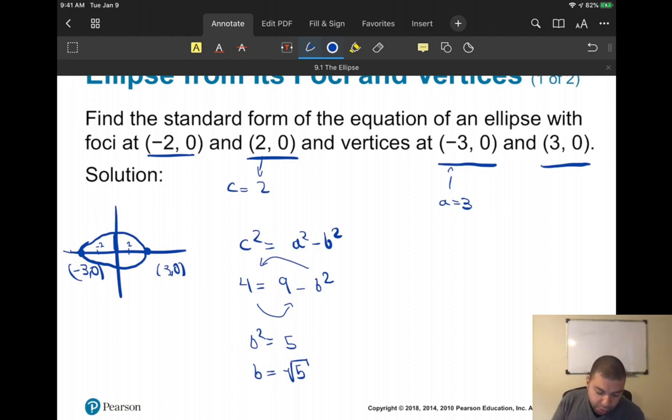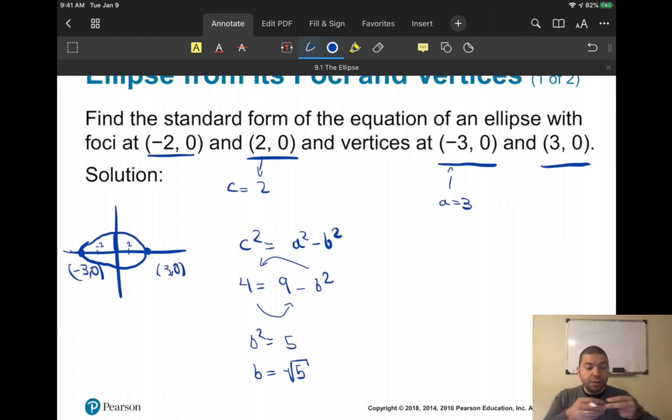So I just add the B to the left, subtract the 4, I get a 5. So now I just have to decide where B goes. So B squared equals 5, right? I had that already. I have to decide where B goes, where A goes. Does A go underneath X or Y?